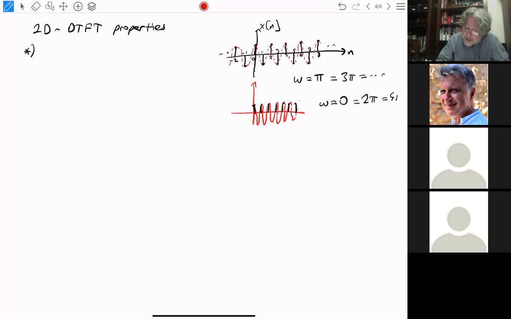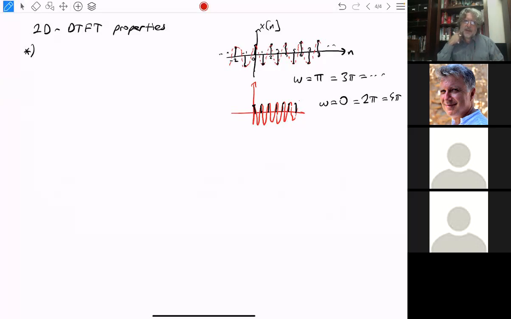And this is coming back to 0 at 4 pi, etc. So all the even multiples of pi, including 0, will correspond to the 0 frequency, and all odd multiples of pi, 2k plus 1 times pi, will be corresponding to the highest frequency.